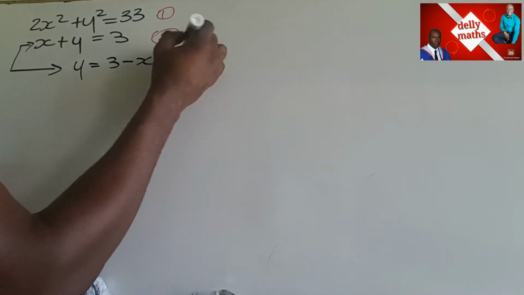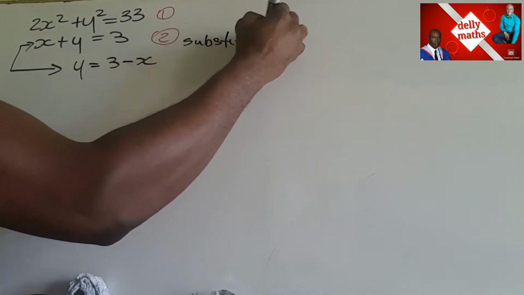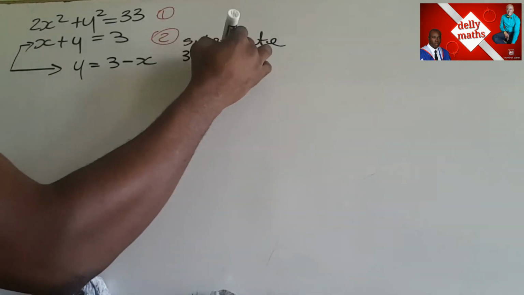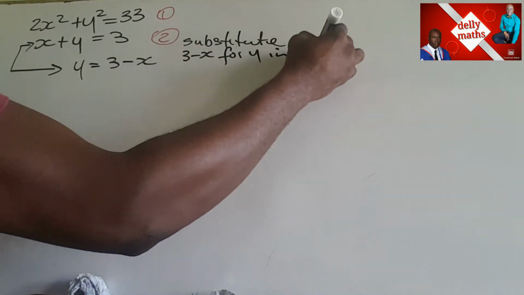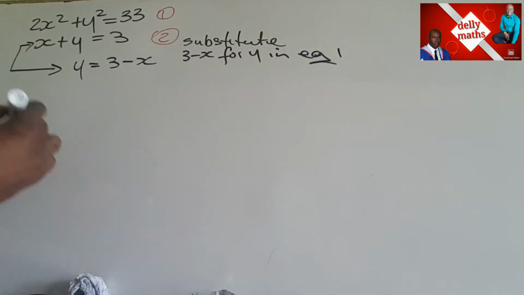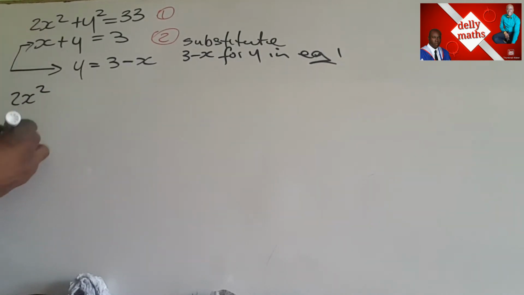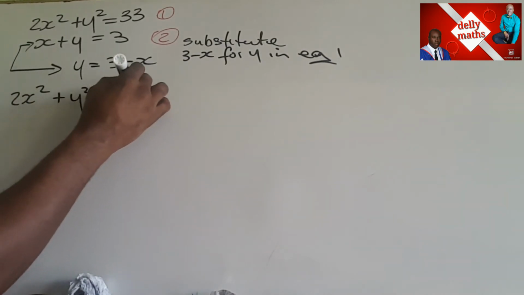So I'm going to write a little note. I intend to substitute 3 minus x for y, and I want to do it in equation 1. Why am I doing it in equation 1? Equation 1 is the one that I didn't touch. I'm going to write equation 1 now: 2x squared plus y squared equals 33.